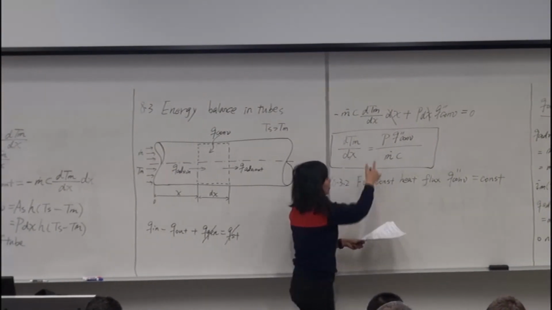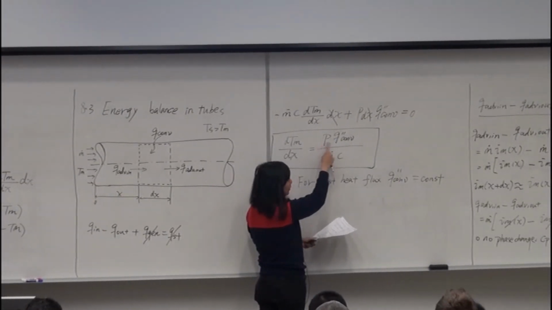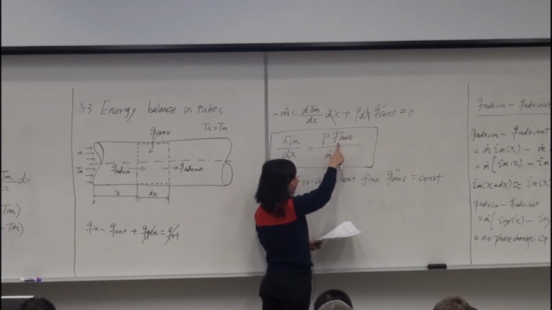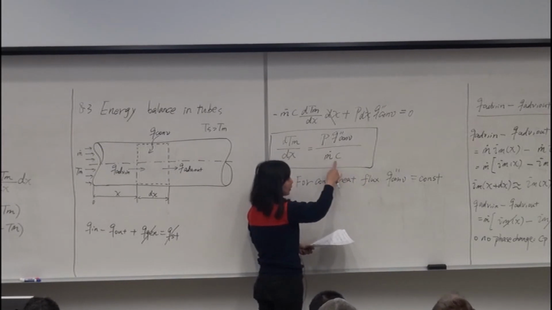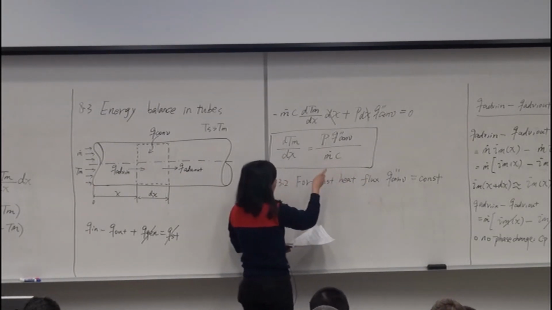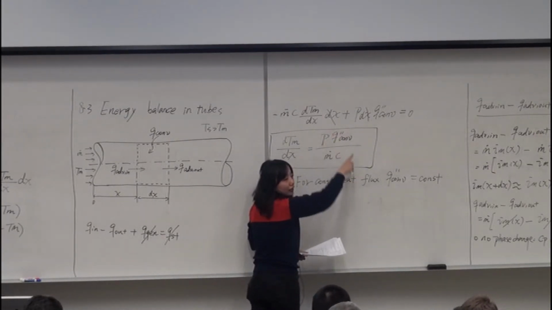For a tube, the perimeter is constant. With a constant heat flux, uniform mass flow rate, no phase change, and constant specific heat, under a constant heat flux condition, everything here is constant.